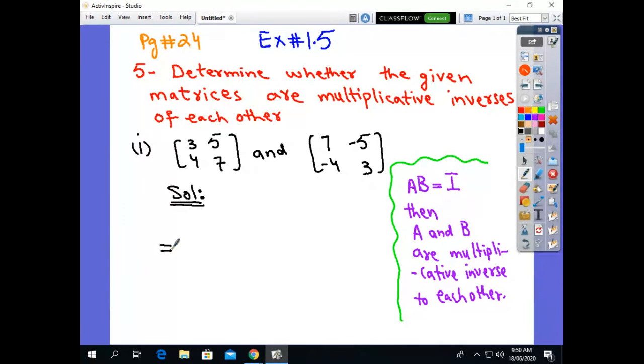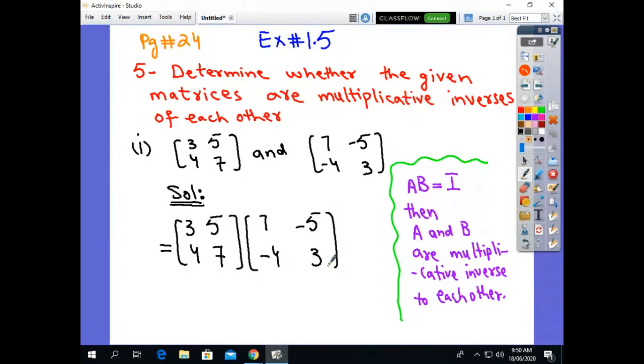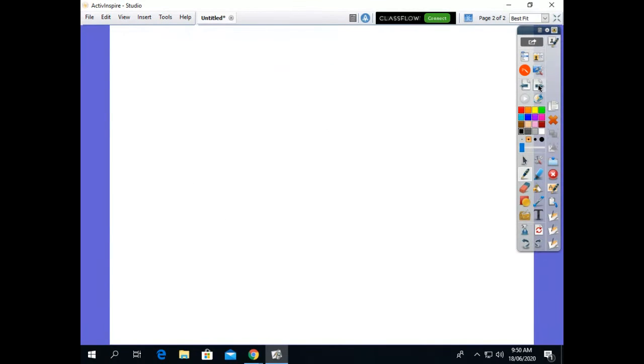Here we multiply these two matrices. First matrix is 3, 5, 4, 7, and the second matrix is 7, -5, -4, 3. We multiply these two matrices.